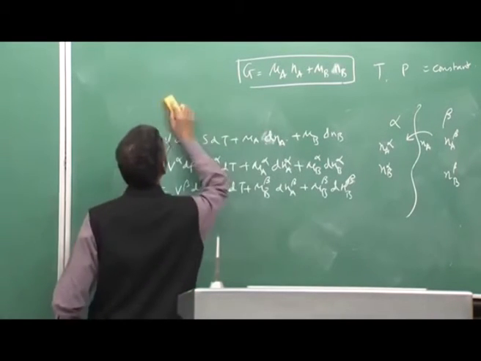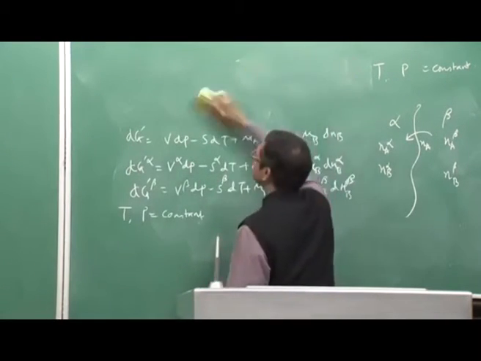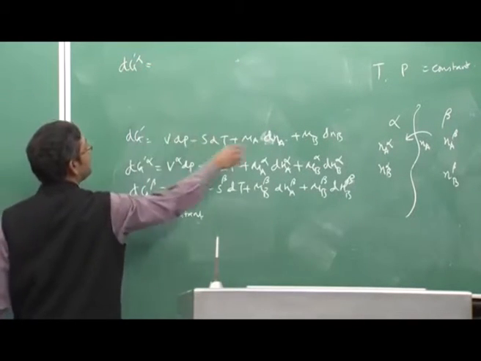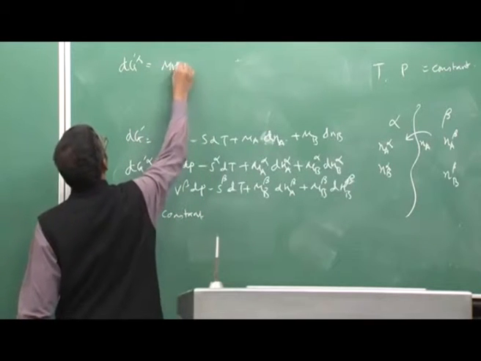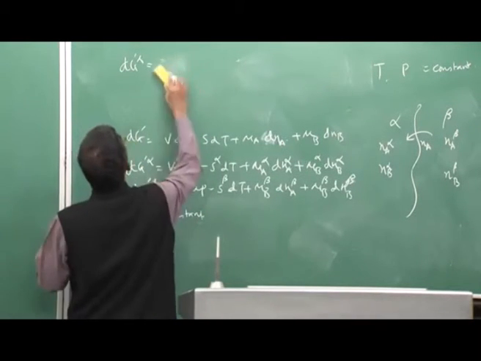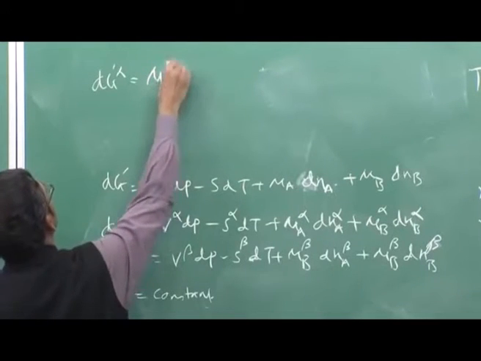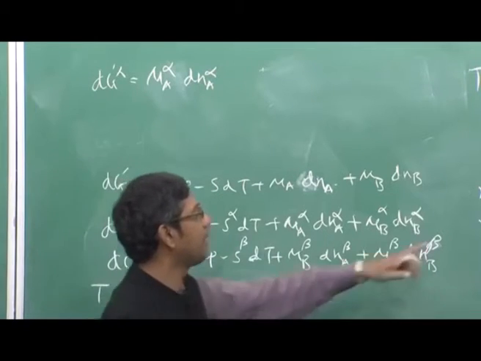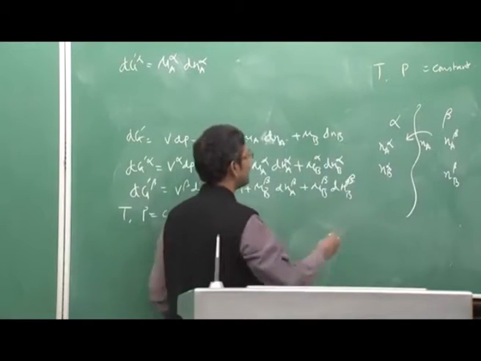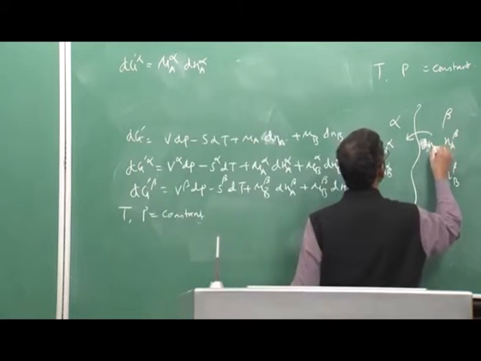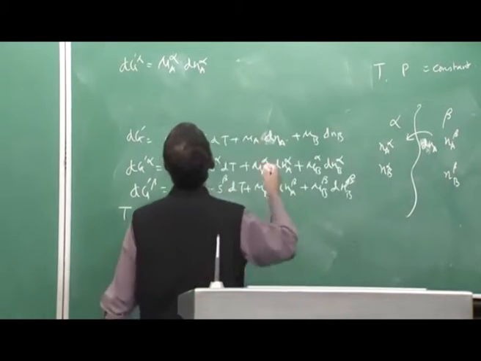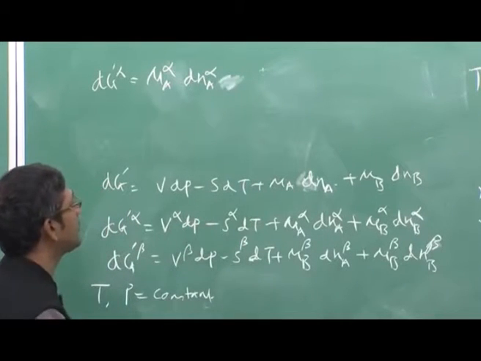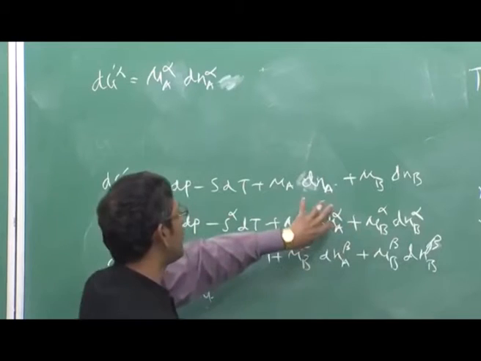The change of free energy for alpha will be mu A alpha dNA alpha, because dNA number of molecules are changing, so only this part will change.